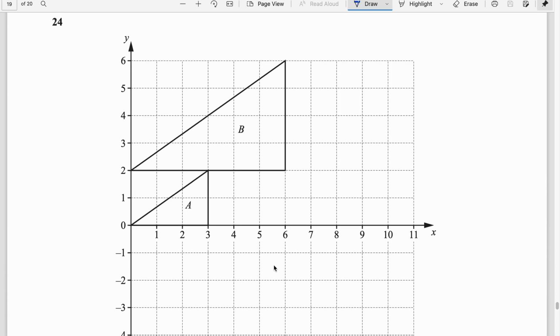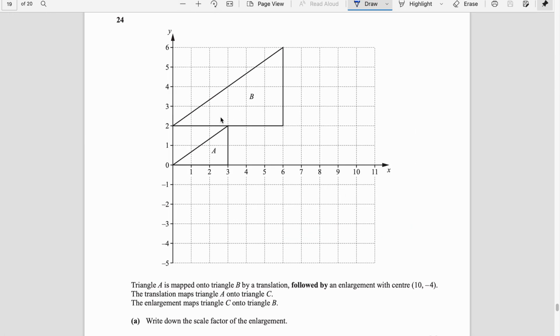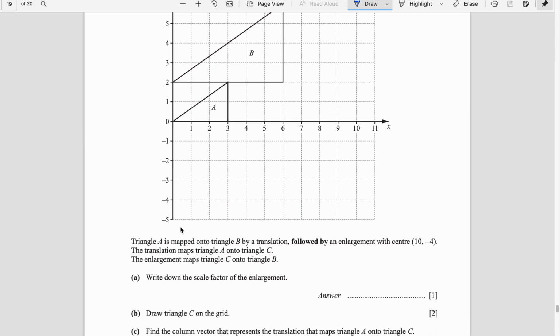Question number 24. Transformation. Triangle A is mapped onto triangle B by a translation followed by an enlargement with center x is 10 and y is minus 4. The translation maps triangle A onto triangle C. So A is translated somewhere, then it is enlarged at 10, minus 4.